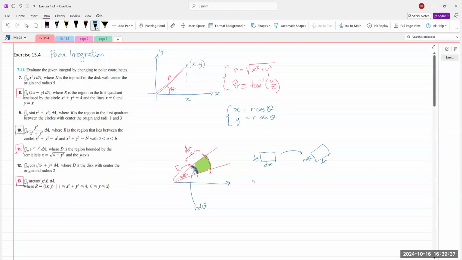So our double integral over domain D of f(x, y) dA, when we convert that to polar, becomes the double integral over domain D of f(r, theta), but the dA becomes r dr d theta. So this now becomes this.